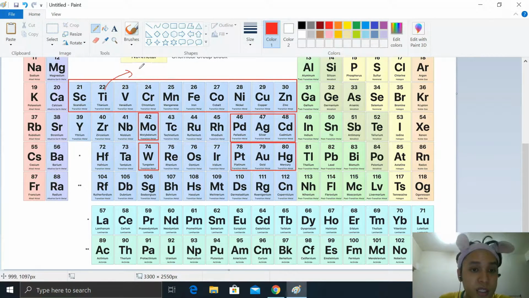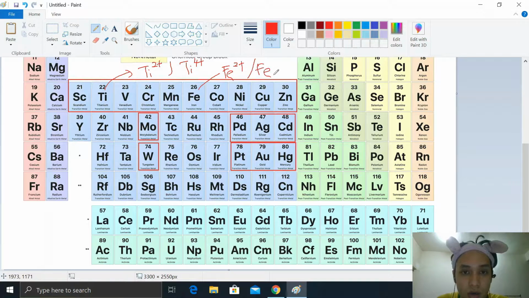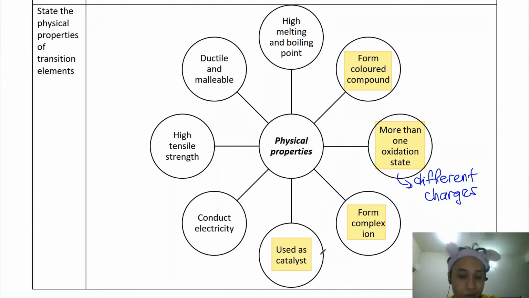For titanium, they can actually form 2 plus, 4 plus, or 6 plus, whereas for iron, sometimes they can form 2 plus, or they can also form 3 plus. So it depends on the element. Basically, all the elements here in the transition elements have different charges. This is what we call oxidation state. The meaning of oxidation state is that they have different charges. Complex ions I'll show you later, and catalyst.